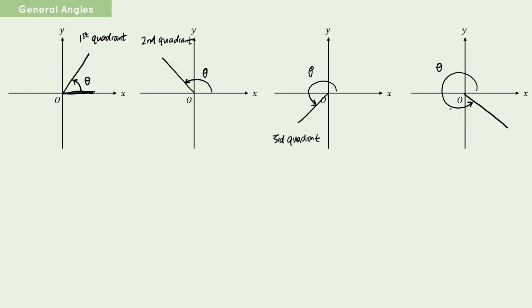This is the fourth quadrant. For each of these angles, there is an acute angle. This acute angle is sometimes called the basic angle or the reference angle.